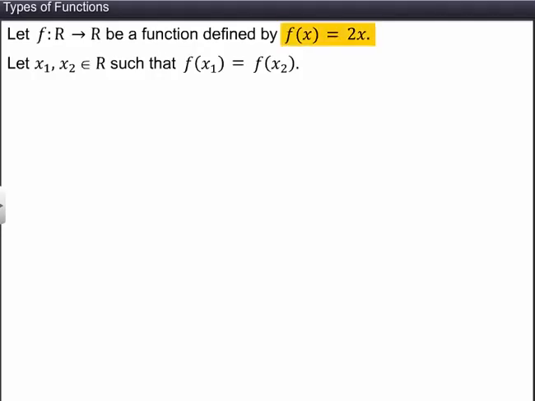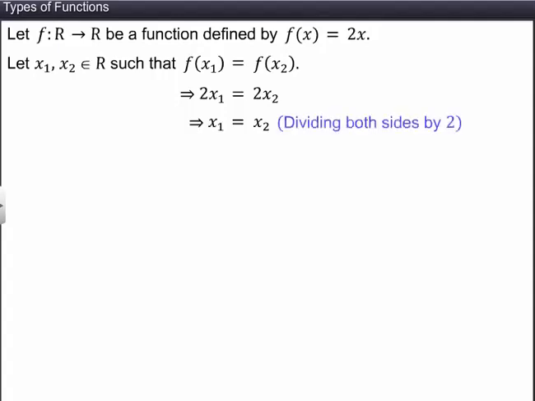Now, f of x is equal to 2x, so f of x1 is equal to f of x2 implies that 2x1 is equal to 2x2. This gives x1 is equal to x2.